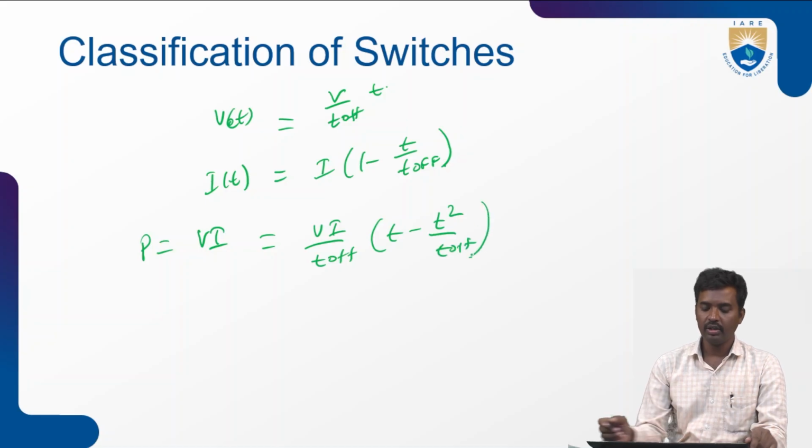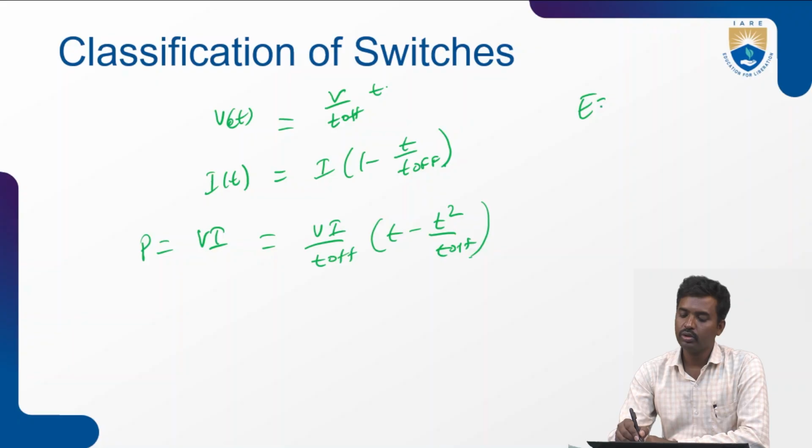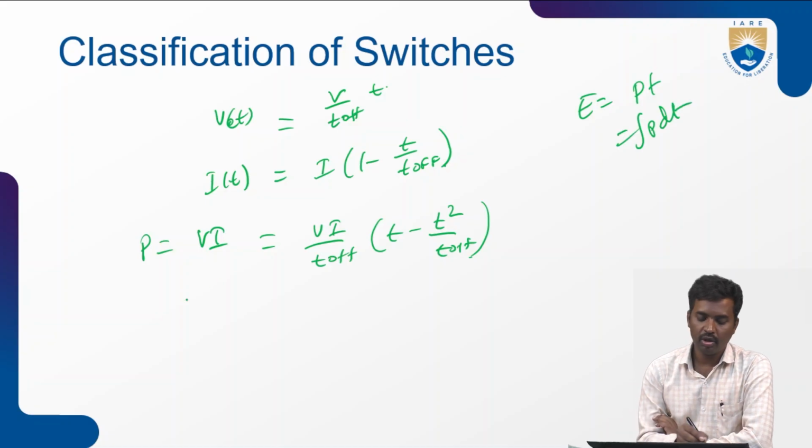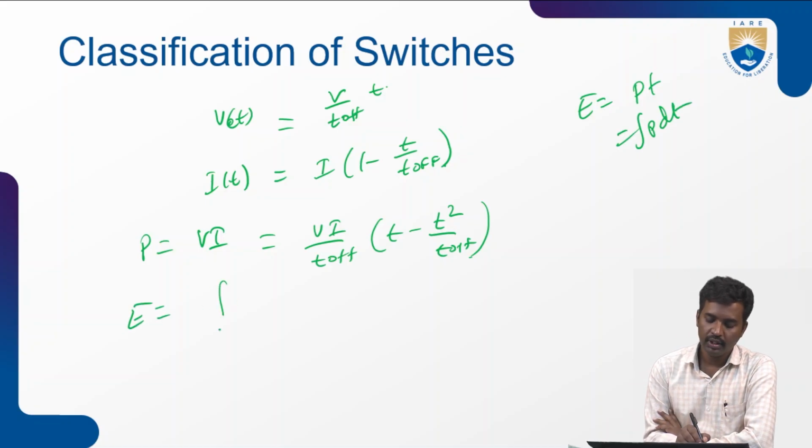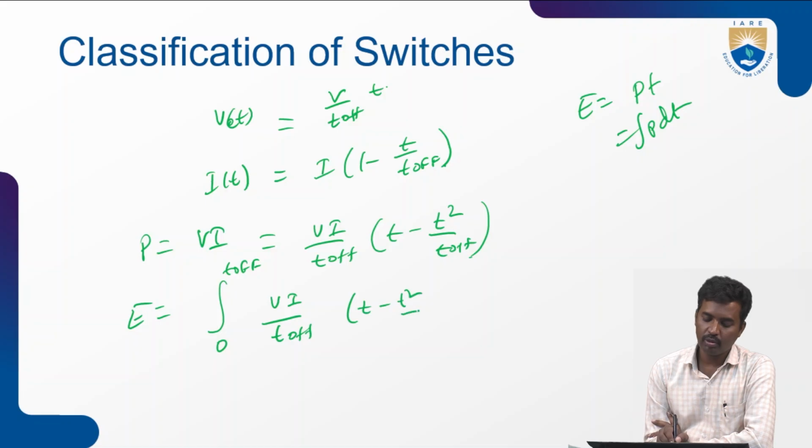So now here energy equals power into time, that equals the integral of P dt. So now E equals the integral from 0 to T off of V I by T off into T minus T square by T off.